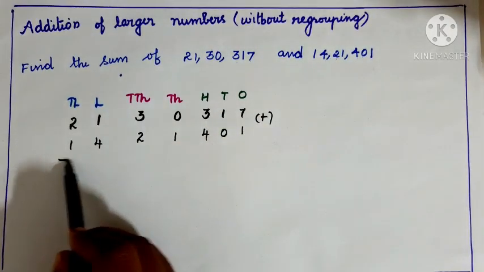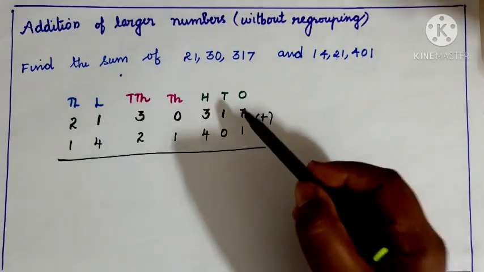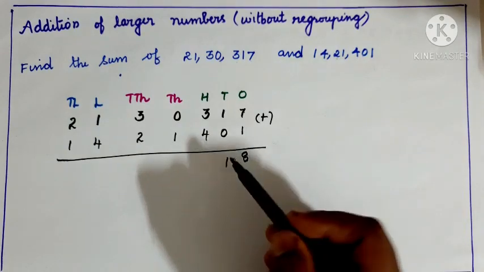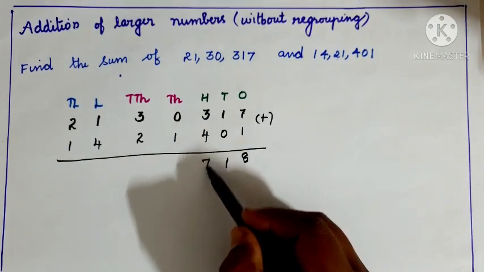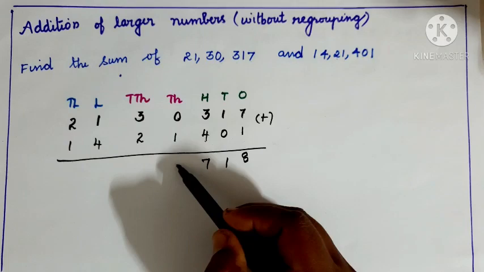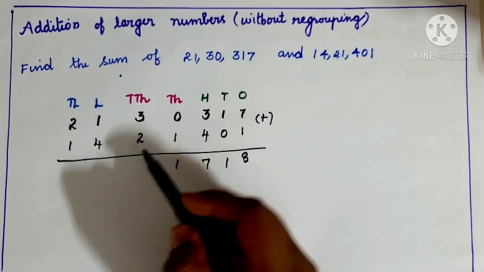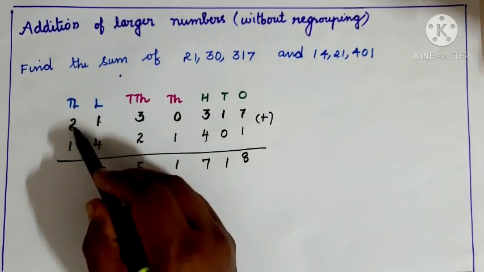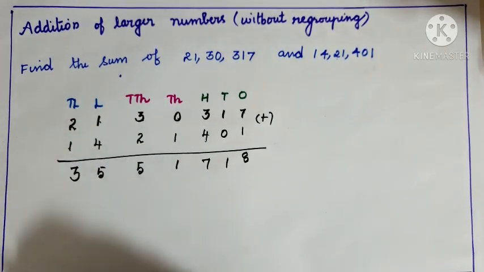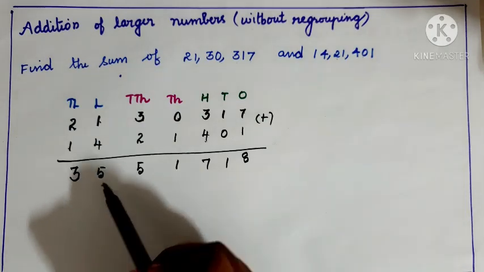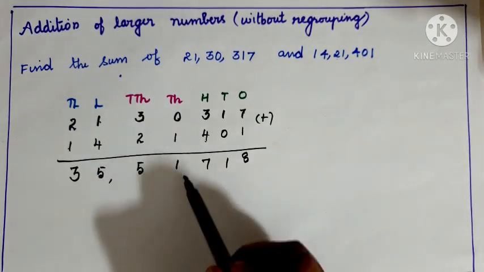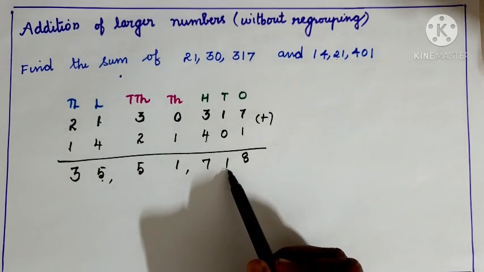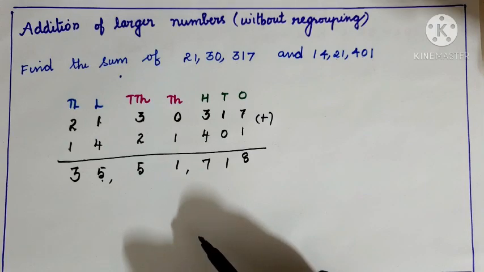What do you get? 7 plus 1, 8. 1 plus 0, 1. 3 plus 4, 7. 0 plus 1, 1. 3 plus 2, 5. 1 plus 4, 5. 2 plus 1, 3. So what is the answer? How will you read this? 35 lakh 51,718. Yes? Fine.